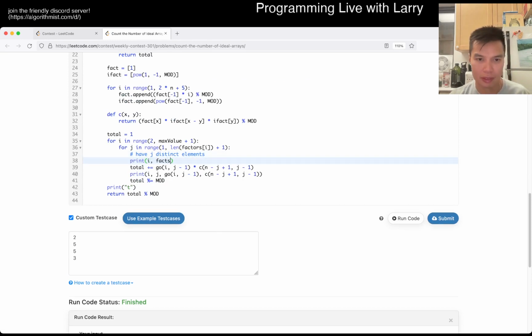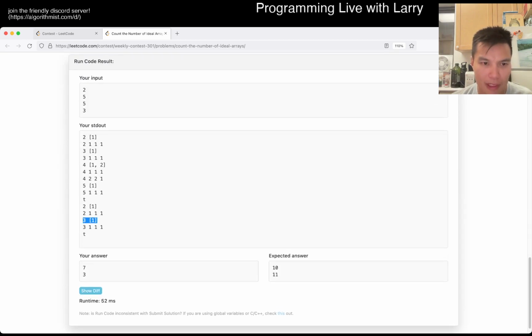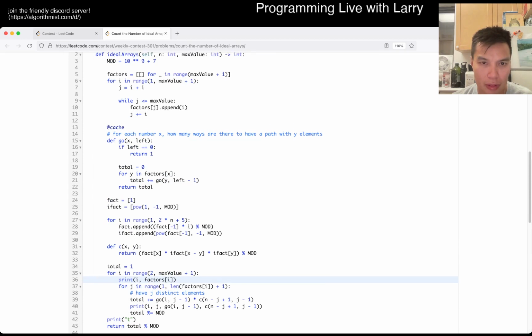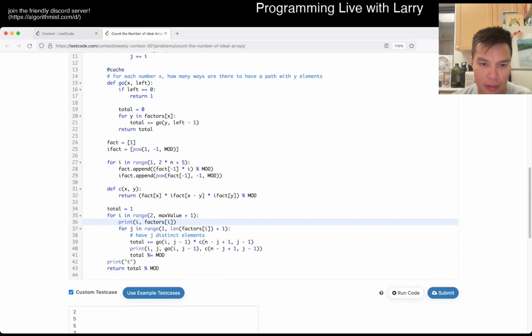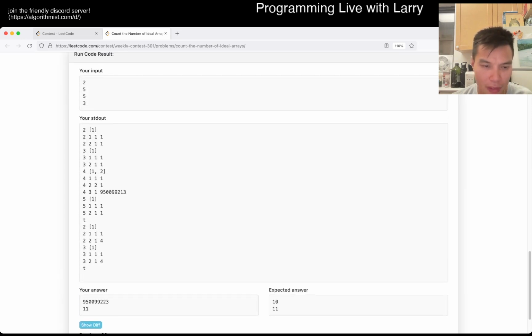Factors of i. Oh, it doesn't have itself. So then it thinks that this is just 2, so it only has 1. Okay, is that right? I removed the itself part, but I think I could just confuse myself. Okay, I think this part is now right, maybe, because you have 2 numbers.